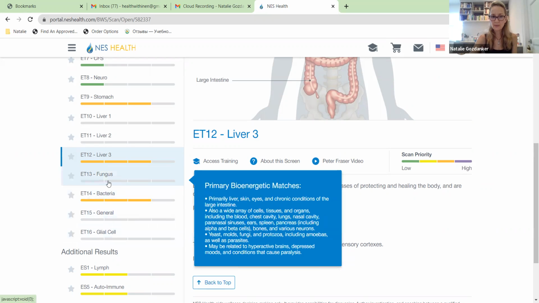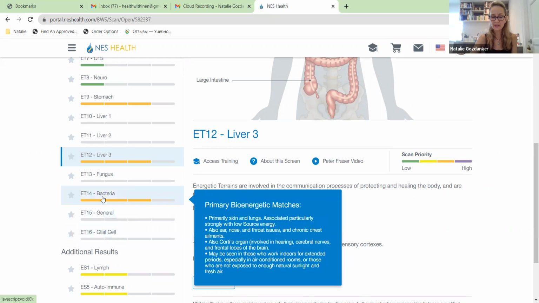Then we have fungus. It was not a priority here. Fungus, bacteria, and general. Now, those ones are talking about particular pathogens, pathogenic activity. But don't forget that pathogens are a part of our natural microbiome, and they are actually involved in the healing process.